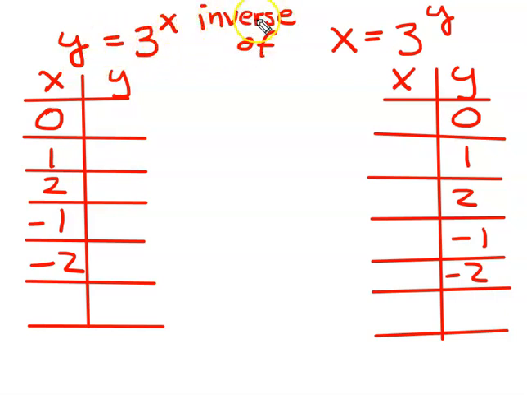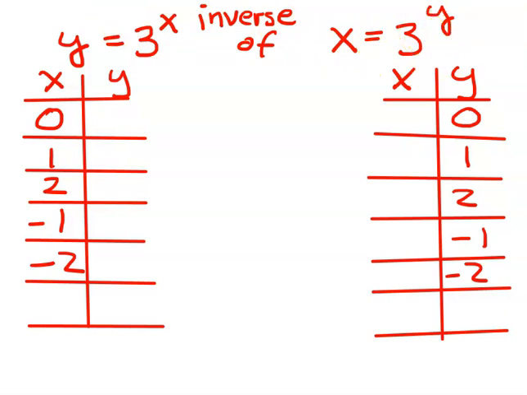The inverse of this, or when we say something is an inverse, we exchange the letters y and x. So you see that here. The y is now an x, the x is now a y. The inverse of the exponential function is the logarithmic function.